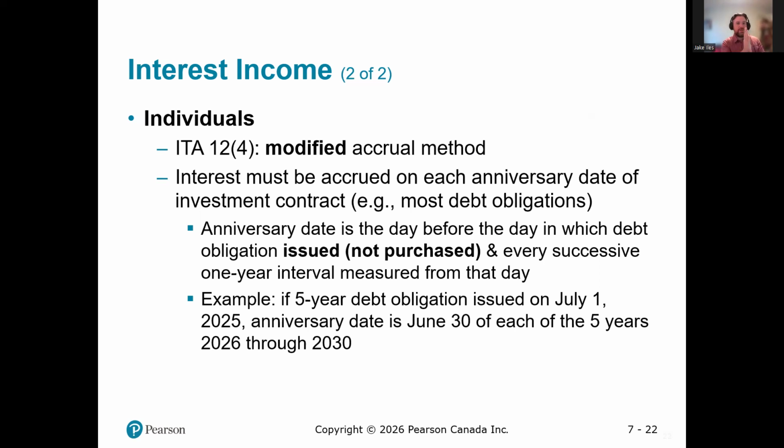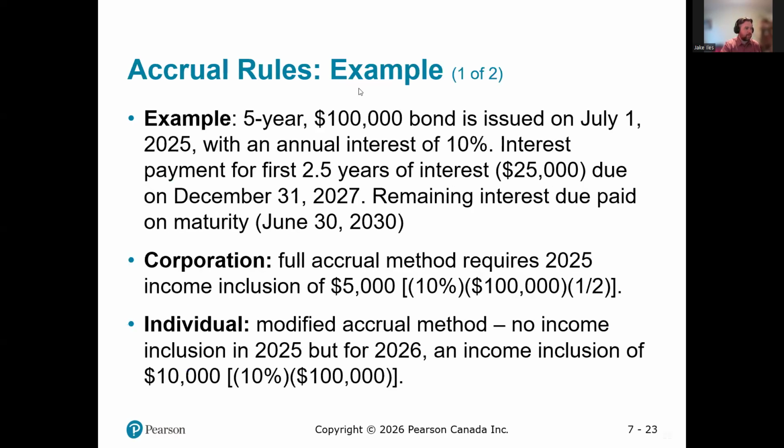So July 1st, the day before is June 30th. If I give a loan on October 16th, the anniversary date would be October 15th, that last day to finish off the year. So if a 5-year debt obligation is issued on July 1st, 2025, the anniversary date is June 30th for each of the five following years.